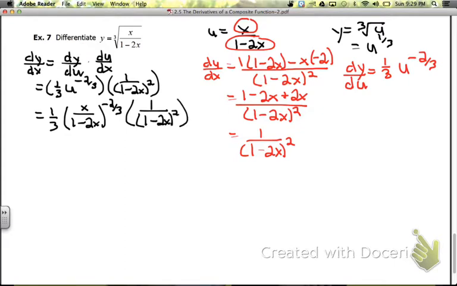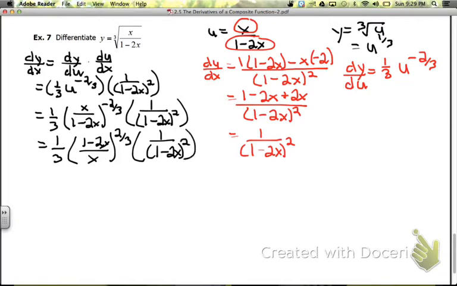Now, I don't want to deal with the negative fraction there, so what I'm going to do is just flip my fraction. So I have 1 minus 2x all over x to the power of 2/3 times 1 over 1 minus 2x squared. So now I can apply that 2/3 there.